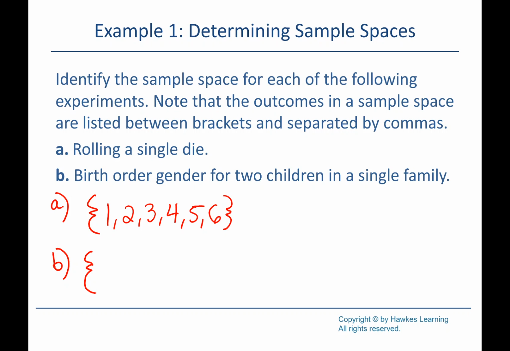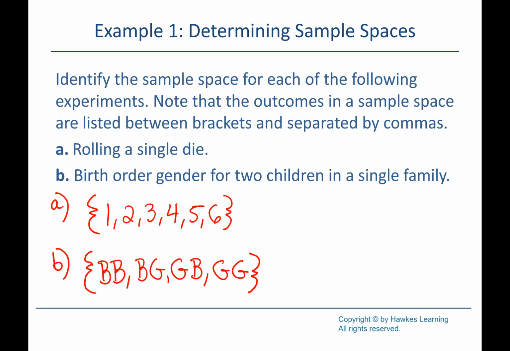So the thing to think about here is, since we're talking about birth order, the order matters. So maybe we could say boy, boy, or we could have boy, girl, or we could have girl, boy, or girl, girl. Those would be our possibilities there.